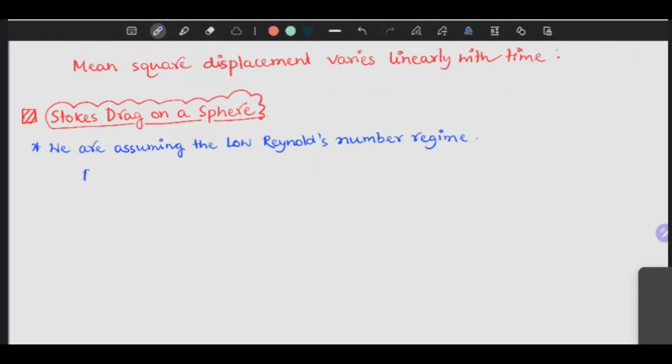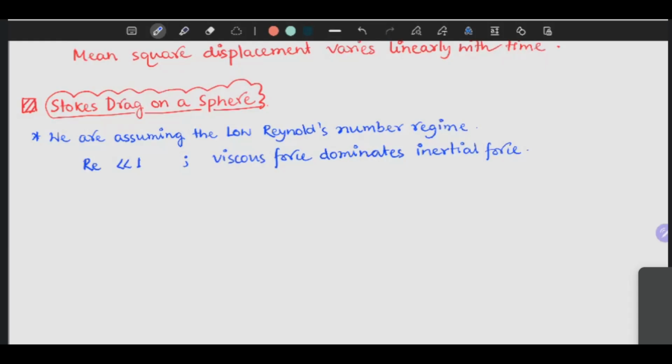That means Reynolds number is very much less than 1, or viscous force dominates inertial force. Or in other words, gamma v is much greater than m dv/dt.